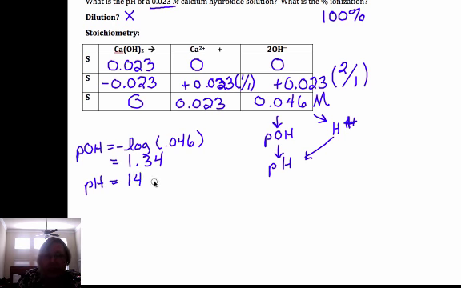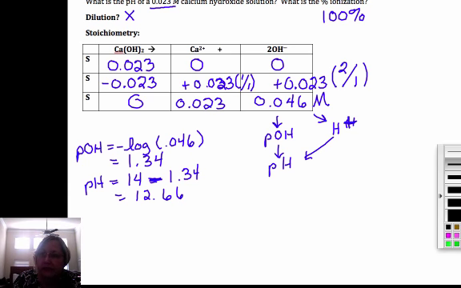The question is asking what is our pH, so it's 14 minus that. Whoops, that's a minus, sorry about that, 14 minus 1.34. And so I get 12.66. What I want you to do is look at that universal indicator chart and see if the colors from our beaker experiment match up to our pH of 12.66.